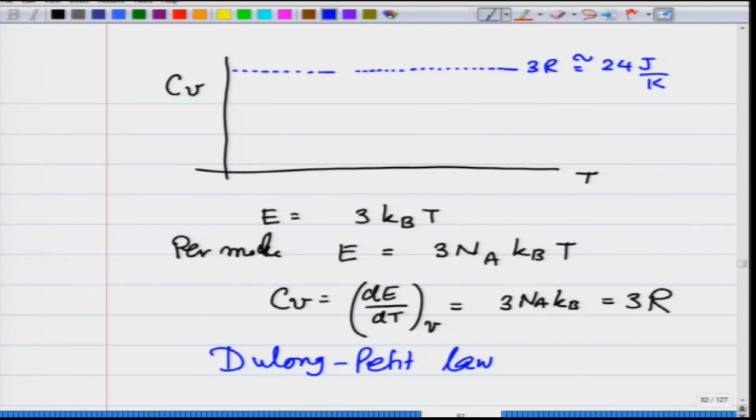This is all fine, except when you do the experiments, you find that at low temperatures Cv goes to 0.